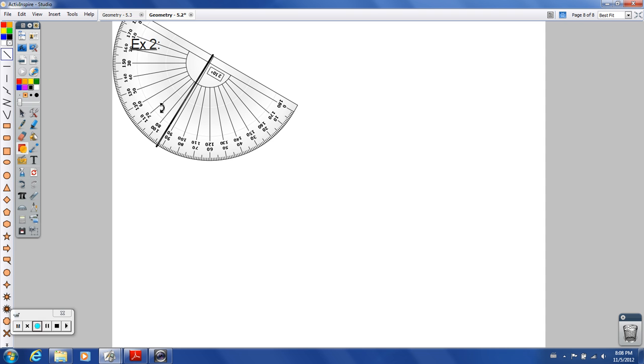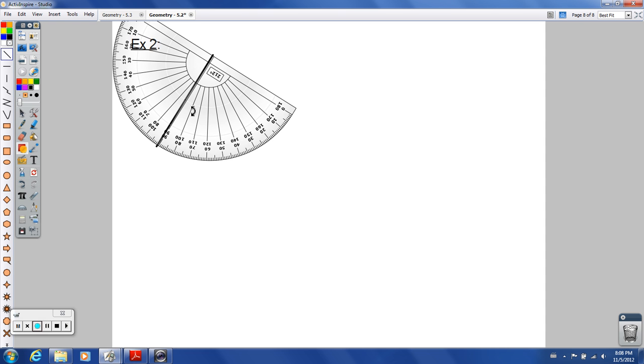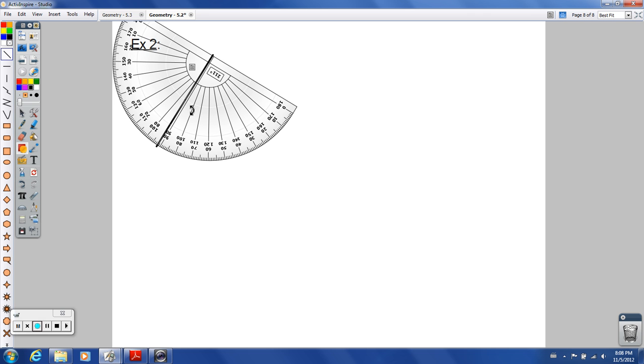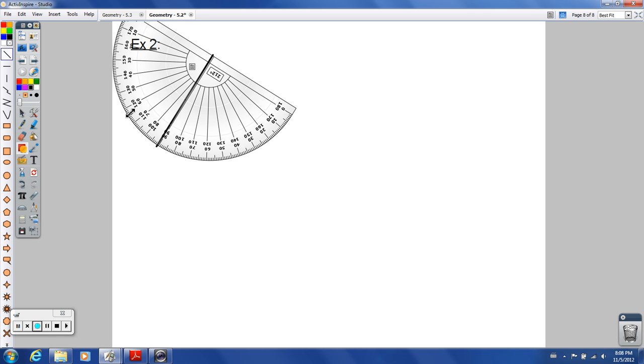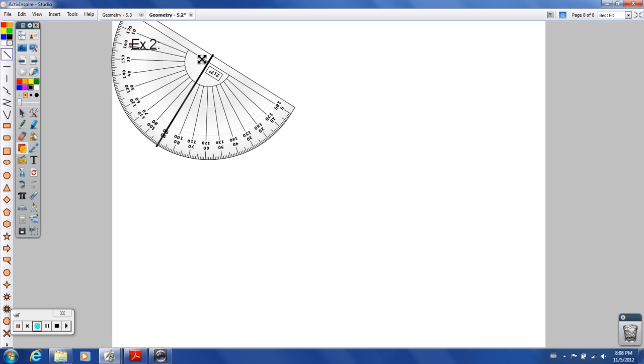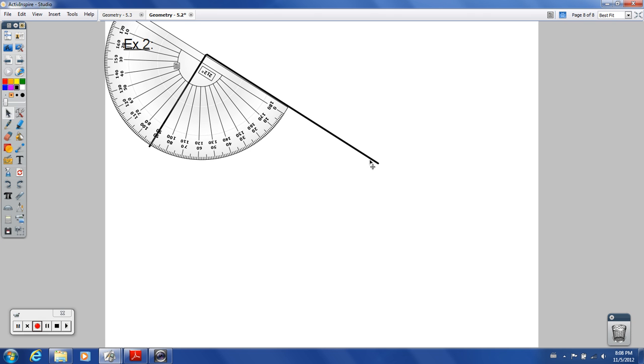right angle right here. So this right here, I'm going to rotate it around until it hits 90, and that looks good. Okay, that looks good to me right there, and I'm going to start drawing in the other side based on that. Okay, so if I line it up with 0, I'm going to pull this back a little bit in a second, but that looks good to me right there.